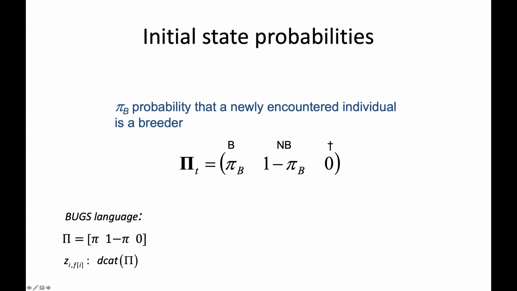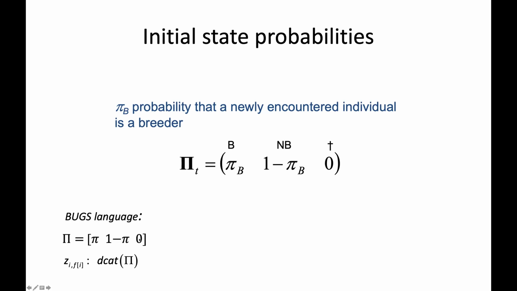And in JAGS, well, we're going to use again, it's not a Bernoulli, because actually it could be a Bernoulli, a binary random variable where you just have alive or dead. It's alive and in state breeder, alive and in state non-breeder, or dead.